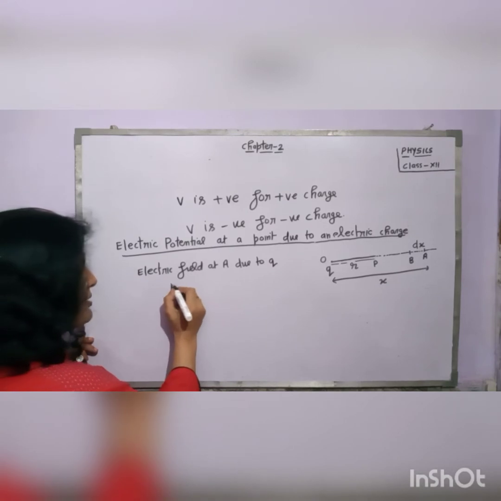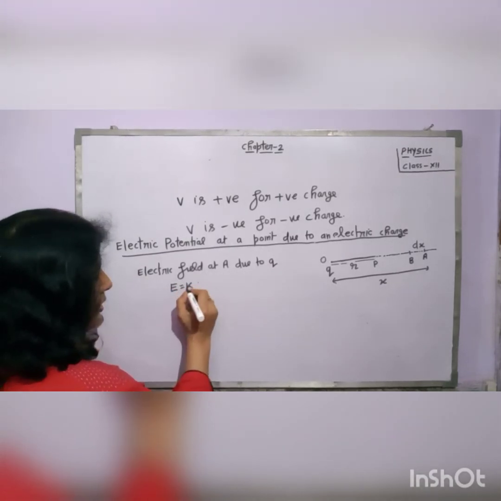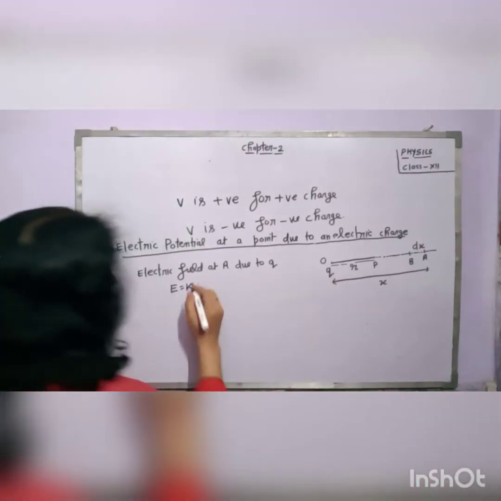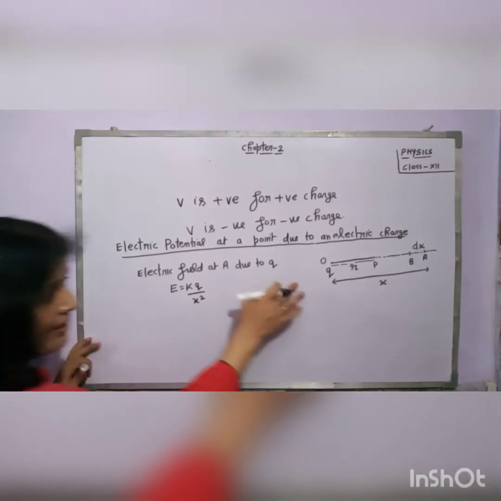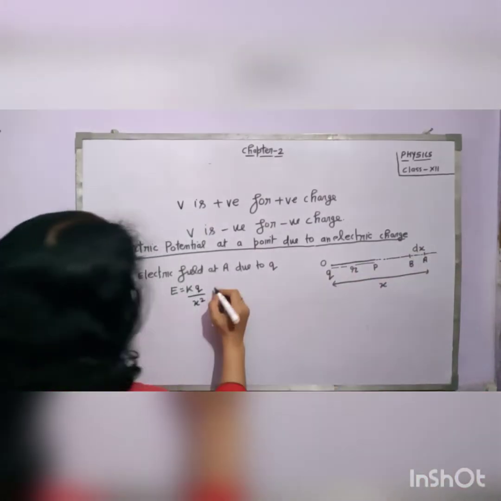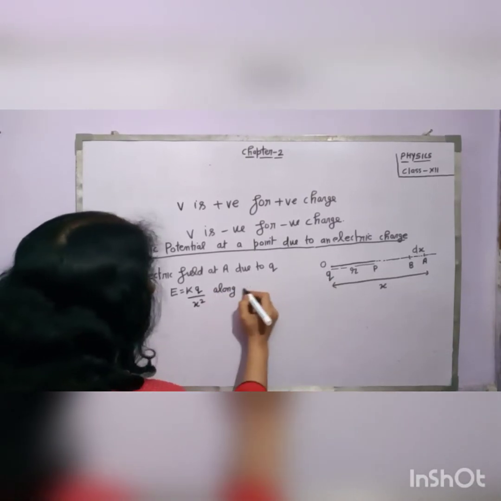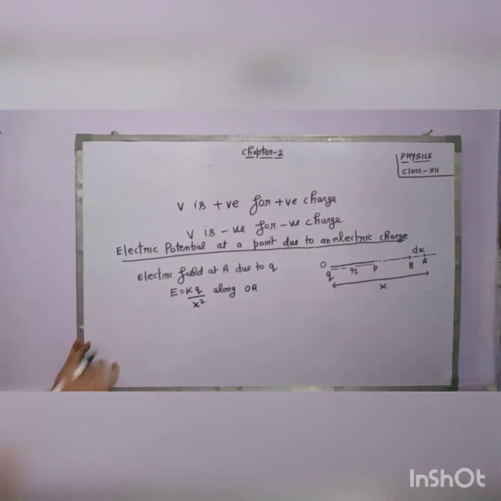You know, E is equal to KQ upon R square. Here R is equal to x, so E is equal to KQ upon x square. And its direction is away from the charge, that is along OA, because Q is a positive charge. Now this is the value of the electric field.